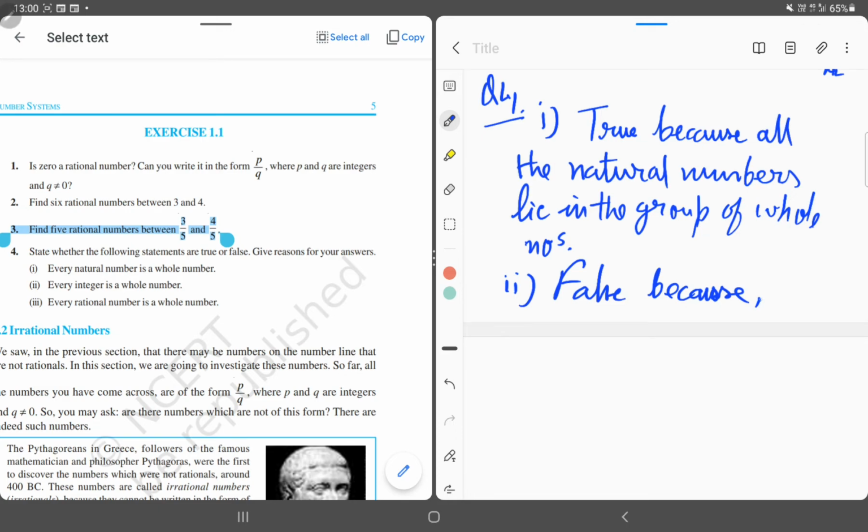So we can say integers like -1, -2 or all negative integers are integers but not whole numbers. They are not whole numbers. Not only -1, -2, but all negative integers are integers, but they are not whole numbers. That is why the statement every integer is a whole number is false.